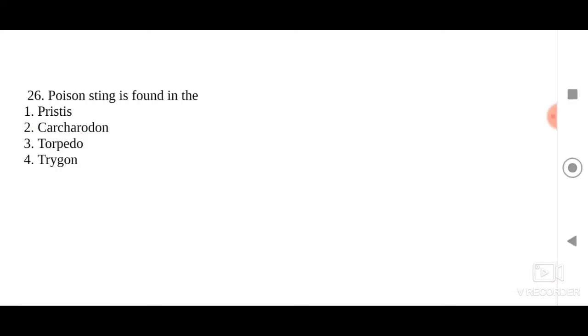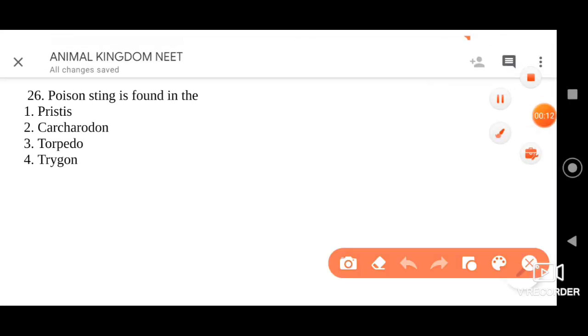Dear students, moving on to the next question. Poison sting is found in the four options given. So we need to identify in which of these organisms we find the poison sting.